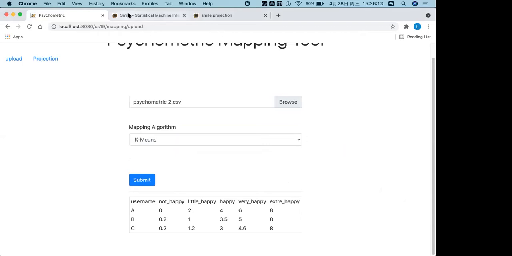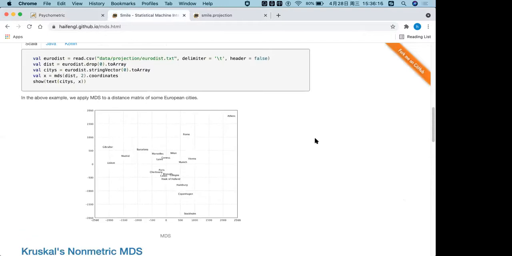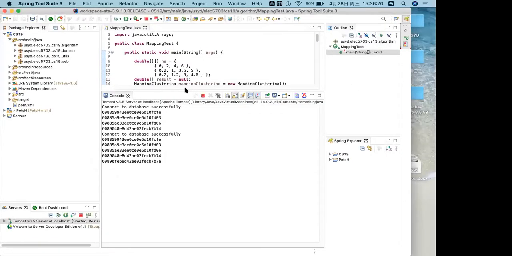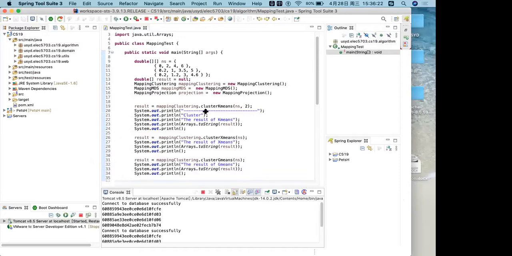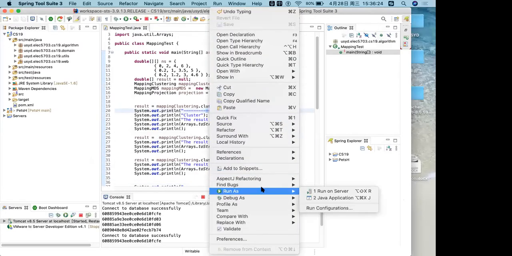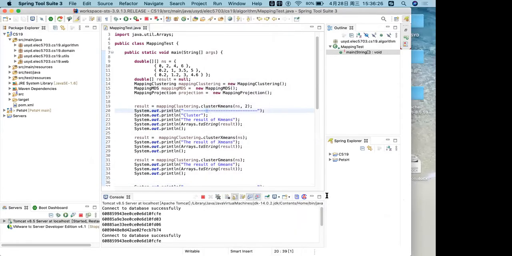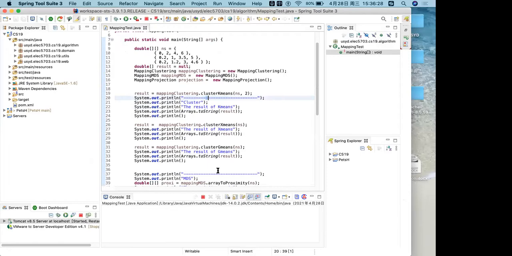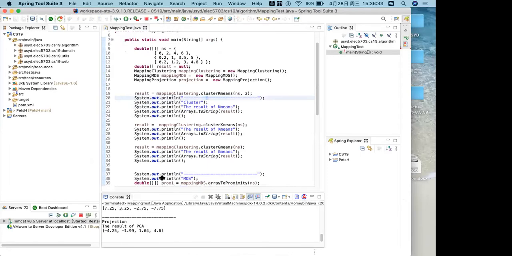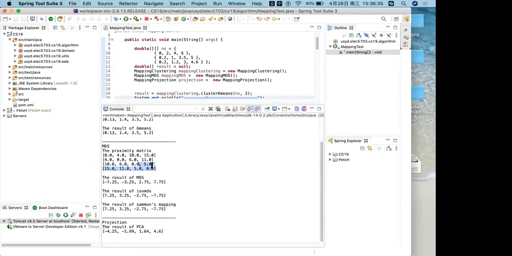Because multidimensional scaling is based on the proximity matrix, and this is the similarity.